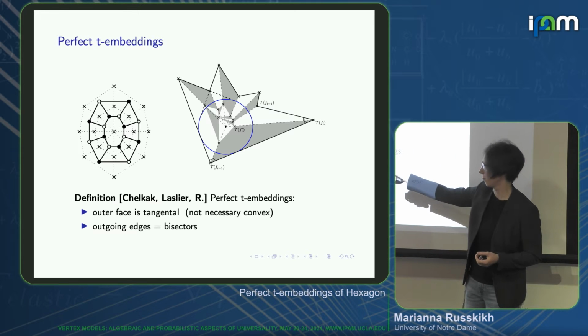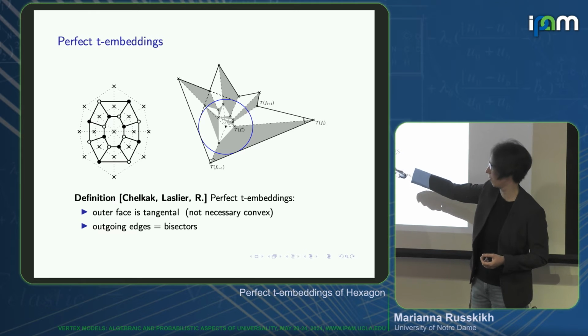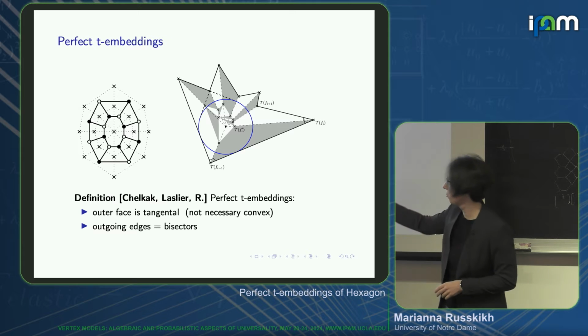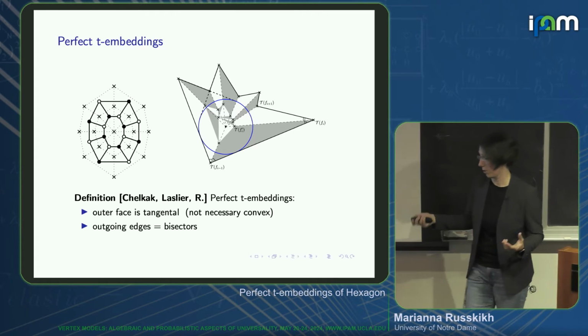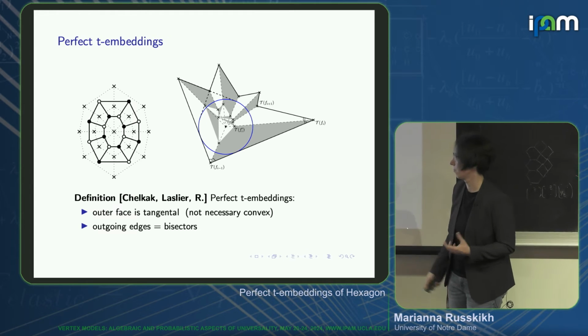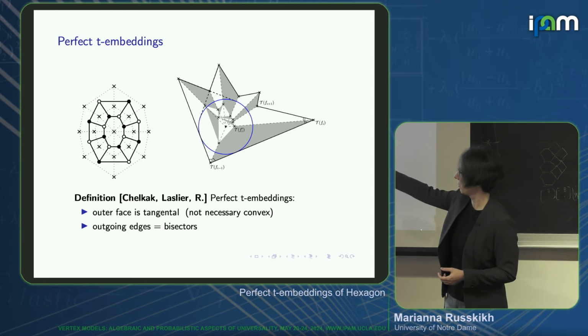You can think about it as adding a point at infinity, connecting it to all boundary vertices, and then taking the dual graph. And we want to embed this augmented dual graph, which satisfies the boundary conditions. Then we call it a perfect embedding. So what does it mean? We want to map these vertices of the outer boundary into a tangential polygon, not necessarily convex.